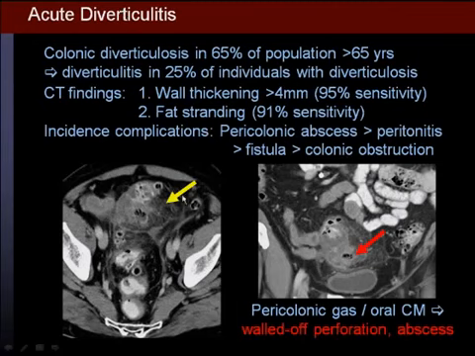The most common complication is an abscess, and if we can recognize in this patient the sigmoid with pericolonic gas or oral contrast material, then of course we can diagnose this mass lesion. You can say we are dealing here with an abscess. It's a walled-off perforation because there is no free fluid.